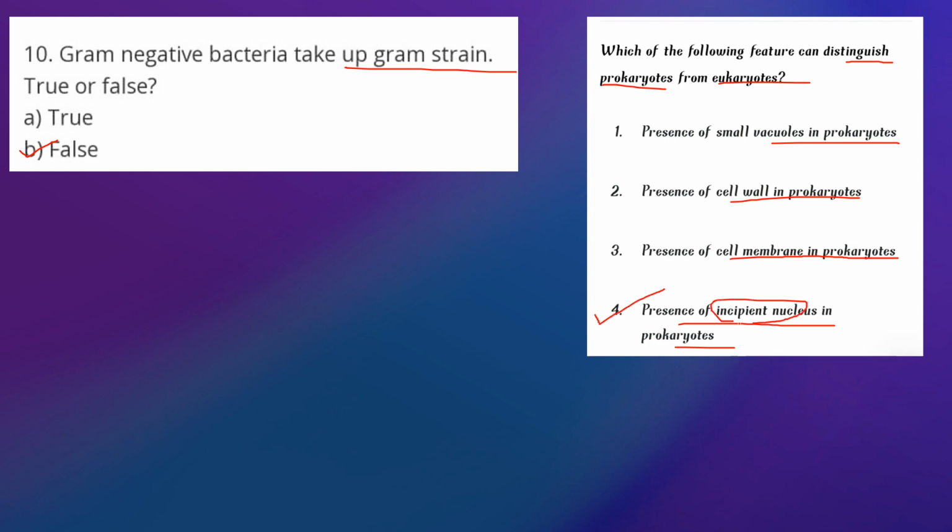In eukaryotes, the nucleus is well developed, right? Eukaryotes also have a cell wall, small vacuoles, and a cell membrane. So we can't distinguish by those. But presence of incipient nucleus is the feature of only the prokaryotes.